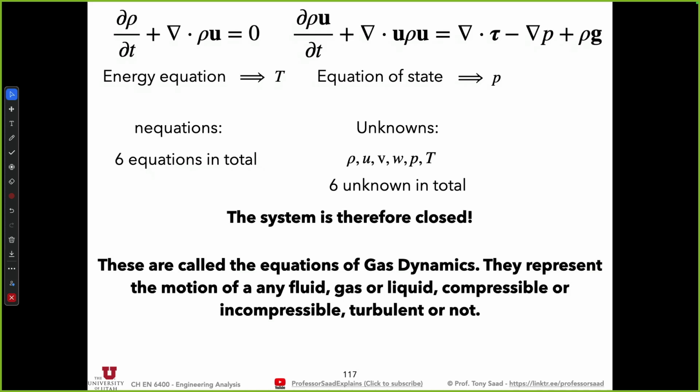And the equations get reduced, but still they are derived from this general set of equations. So gas dynamics sits right under the Cauchy equations. Cauchy equations are in terms of a stress tensor. Once you specify the stress tensor, if you choose a Newtonian fluid, you get the equations of gas dynamics, okay?